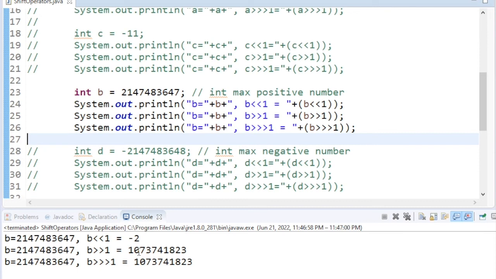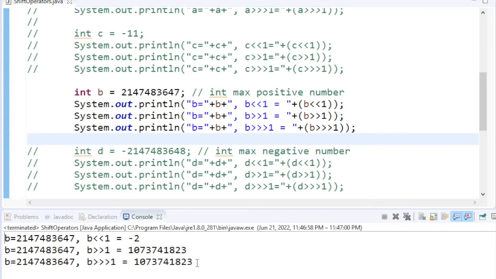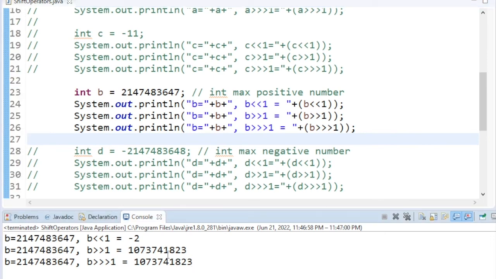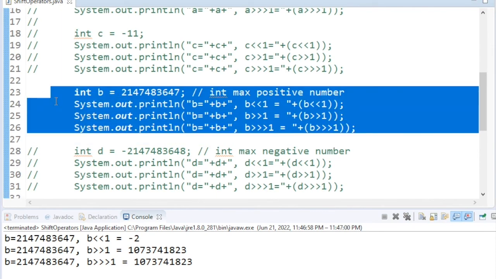On the right side, when you are doing the right shift operator and the unsigned right shift operator, in either case it is moving to this number. Because it's a positive number, these two operators are going to behave the same way. Output is always going to be the same.